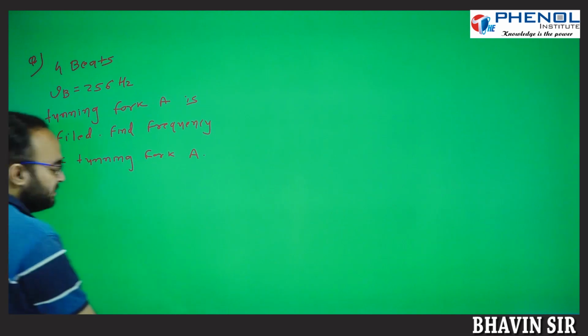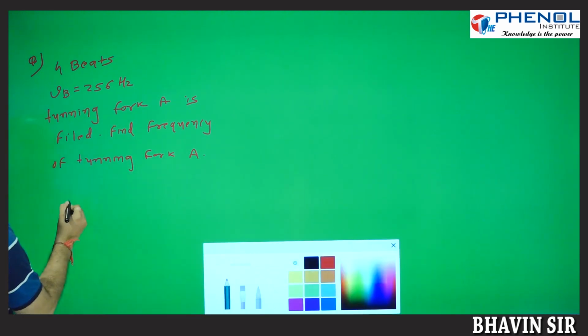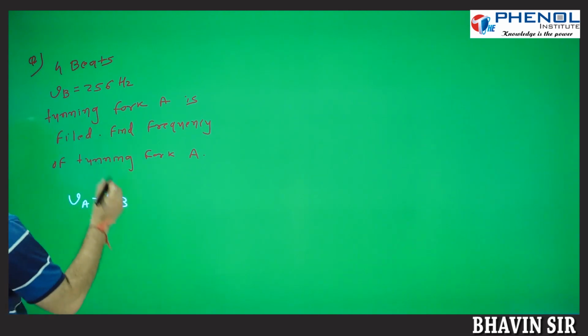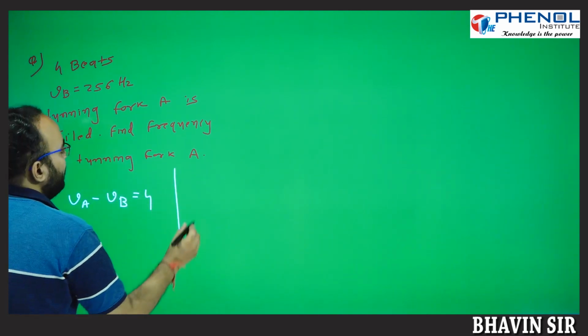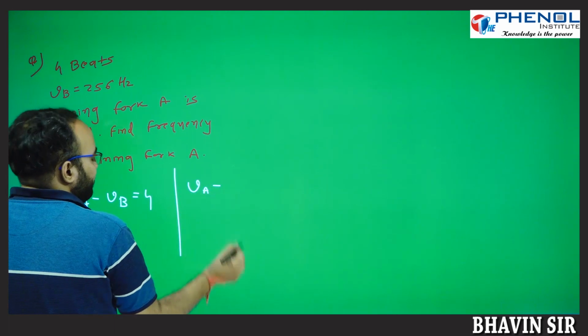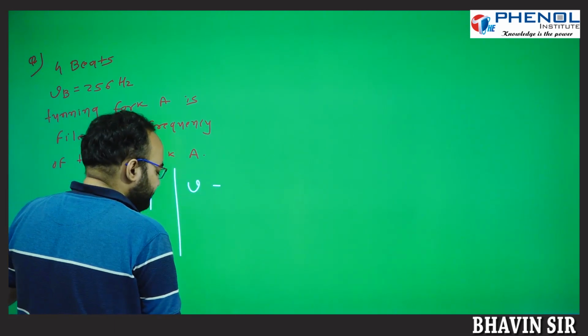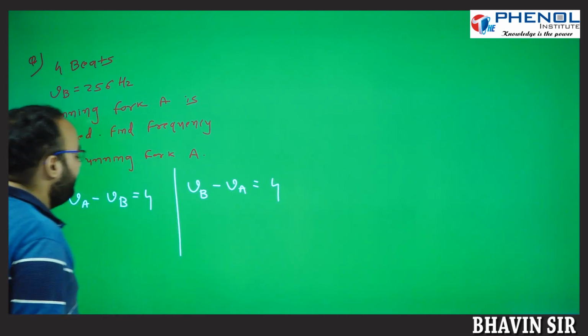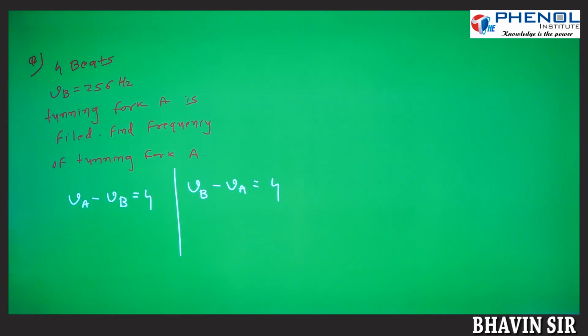So students, we have two options. Either we write nu A minus nu B, meaning number of beats. How many beats are there? 4. And the other option is nu B minus nu A. You have to take both options. Nu A is the frequency of tuning fork A, nu B is the frequency of tuning fork B. What is nu A that we want to find?